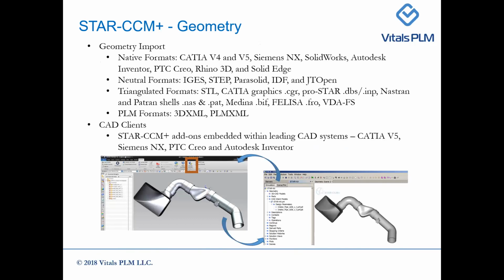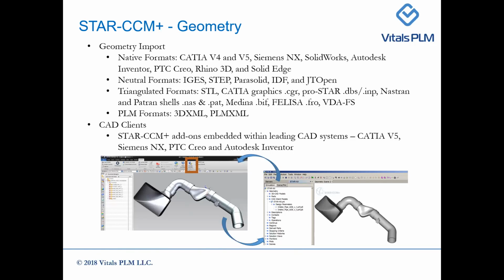In STAR-CCM+, for the geometry, we can directly input the geometry from native formats like CATIA, Siemens NX, SolidWorks, Autodesk Inventor. We can also import neutral formats like IGES, STEP, Parasolid, JT Open, and also the triangulated formats and PLM formats.